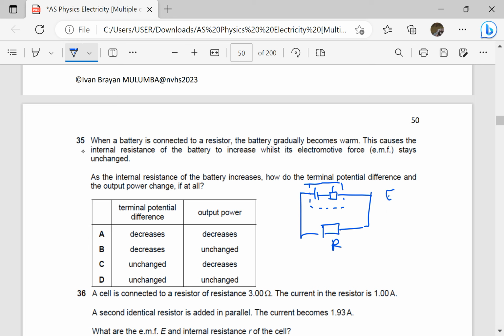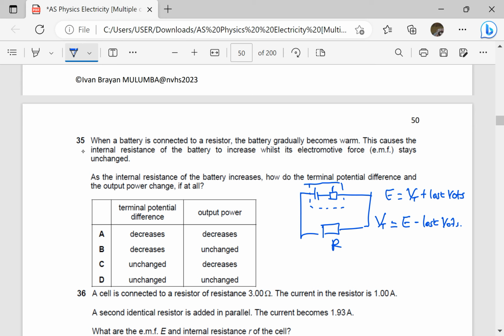Note that the EMF of a battery is equal to the terminal PD plus the lost volts. It means that the terminal PD is going to be equal to the EMF E minus the lost volts.